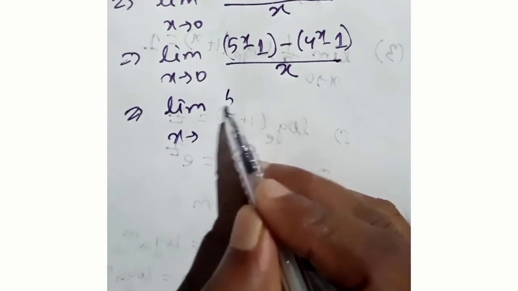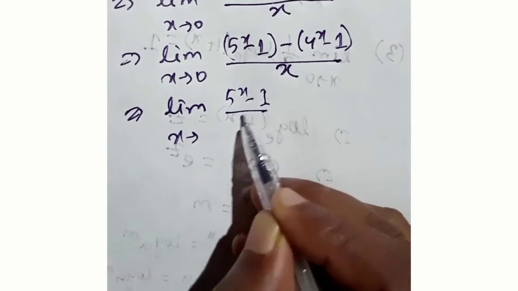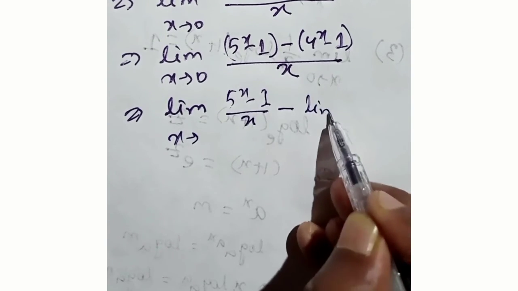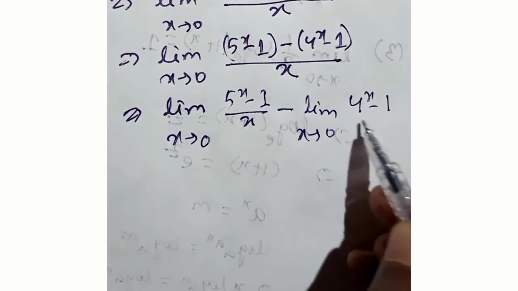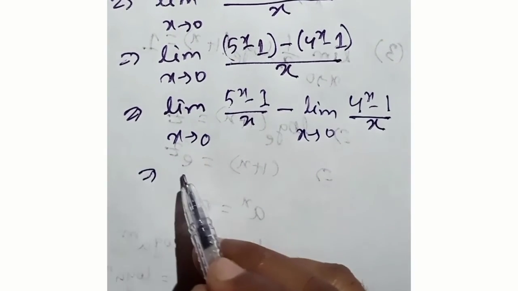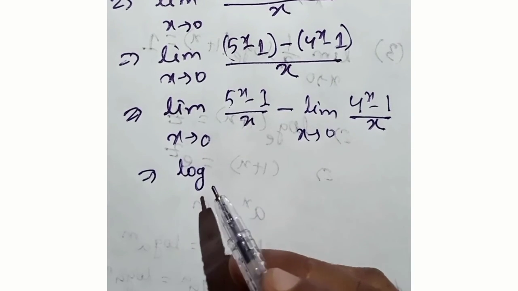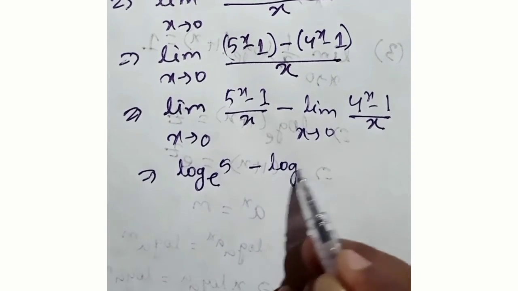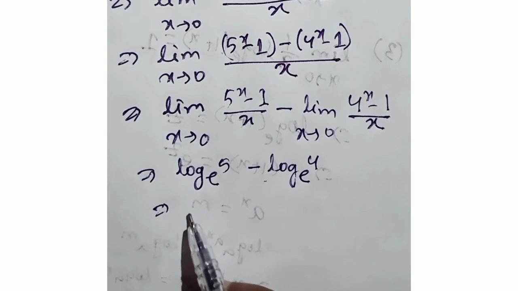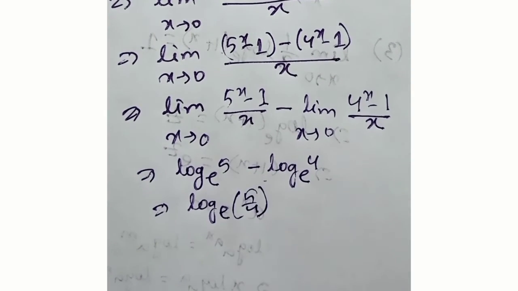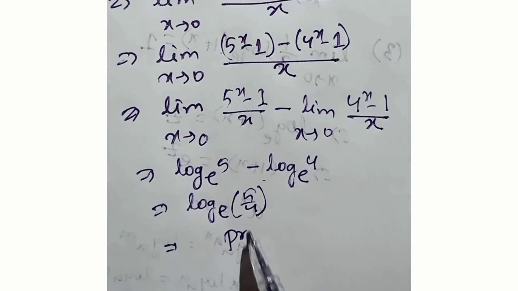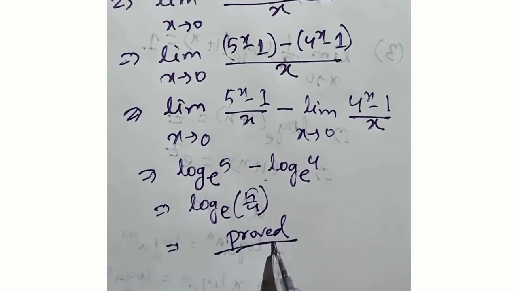So very simple, just separate: limit x tends to 0, (5 power x minus 1) by x, minus limit x tends to 0, (4 power x minus 1) by x. This will be simply log 5 base e, and this will be the value log 4 base e. The base is common here, so this will be simply log 5 by 4 base e. This is again a logarithmic formula. So yes, we just proved it.